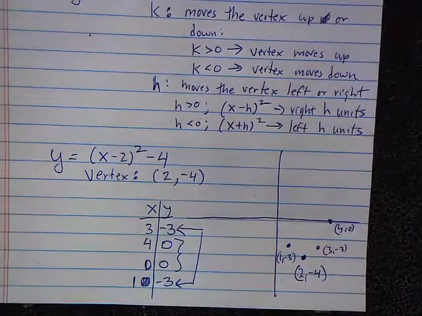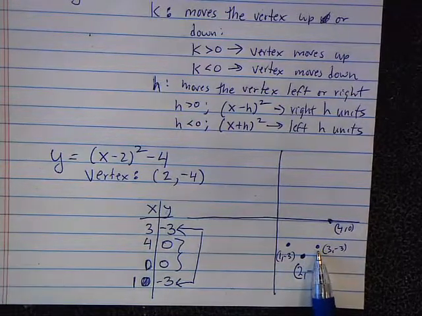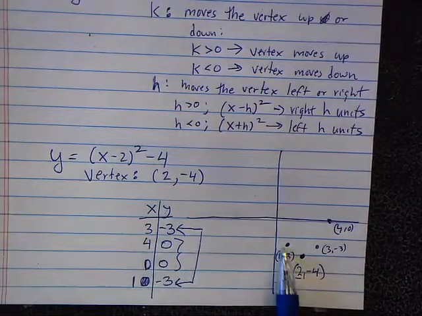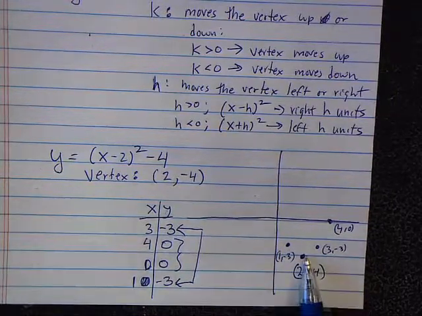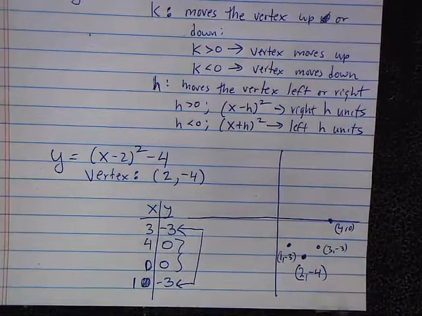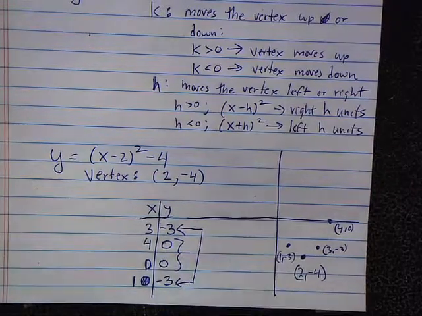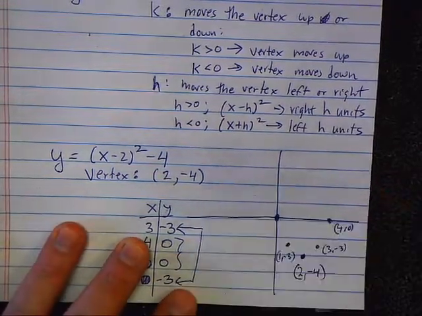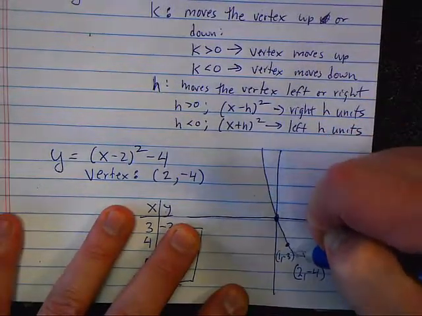There's always going to be a nice symmetry property for these parabolas. If I go 1 unit to the right, I get a y number. If I go 1 unit to the left, I get the same y number. And the same thing happened here. If I started at 2 and went 2 numbers to the right, I plugged in 4 and got 0. If I go 2 numbers to the left, that's 0, and when I plug in 0, I also get 0. So parabolas have a nice symmetry property.